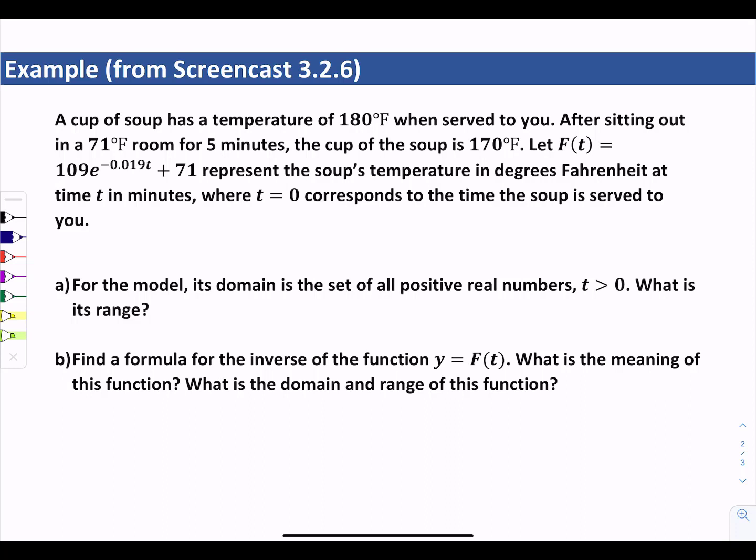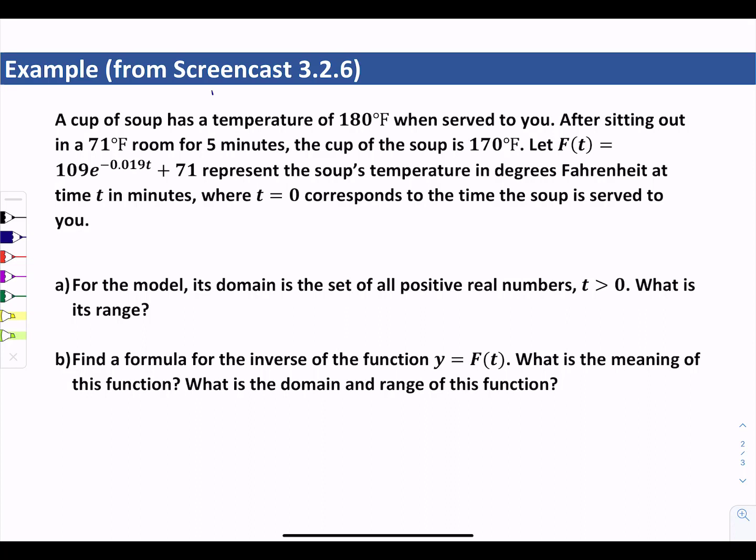Fahrenheit. We found in screencast 3.2.6 that f of t equals 109 e to the negative 0.019 t plus 71 represents the soup's temperature in degrees Fahrenheit at time t in minutes, where t equals 0 corresponds to the time the soup is served to you.